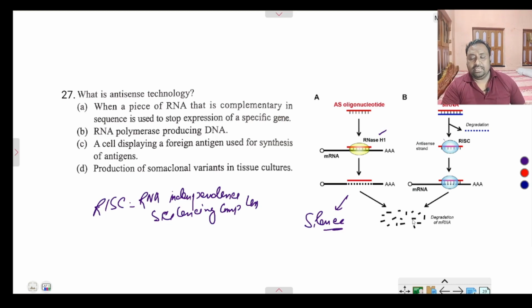So the functional mRNA does not express. Functional means the mRNA from some pathogens does not express itself because it is degraded by the small interfering RNA and oligonucleotide. So here the correct option is: a piece of RNA that is complementary in sequence is used to stop expression of a specific gene.